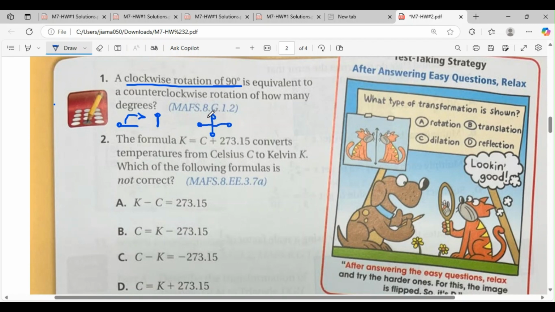Okay, so 270 degrees is the answer we find.